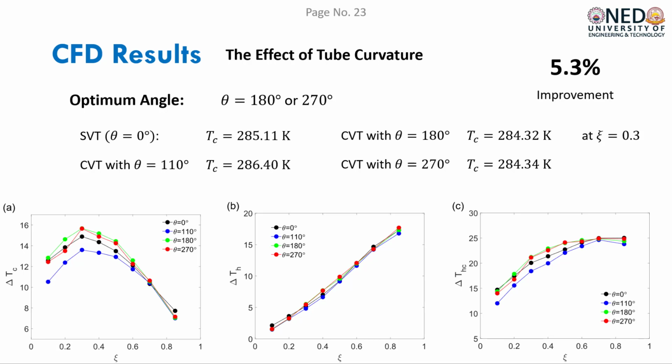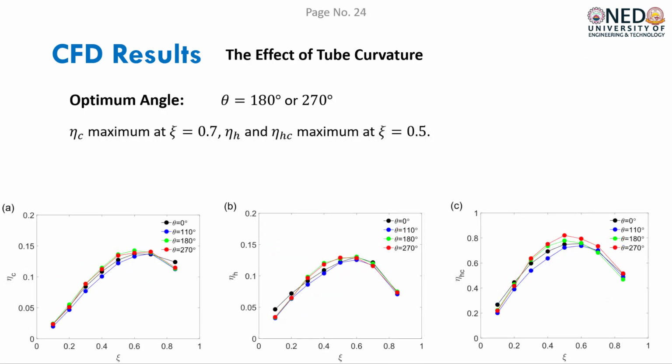The maximum cold temperature difference obtained is 5.3% higher than the straight vortex tube. The cooling and heating efficiencies are found to be slightly higher for curvature angle of 180 degrees, while the vortex tube with 270 degree curvature has maximum power generation.